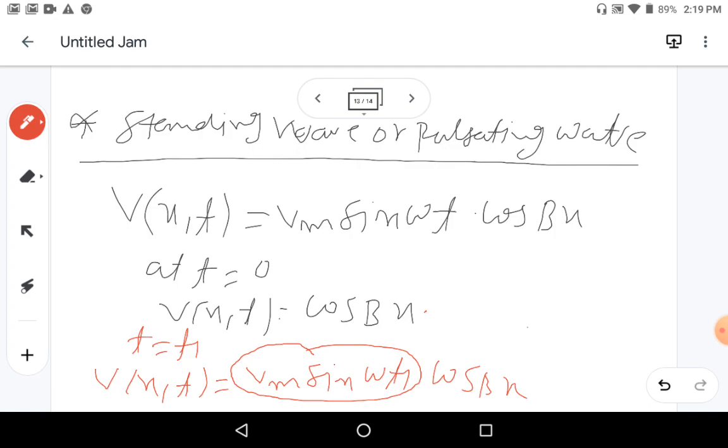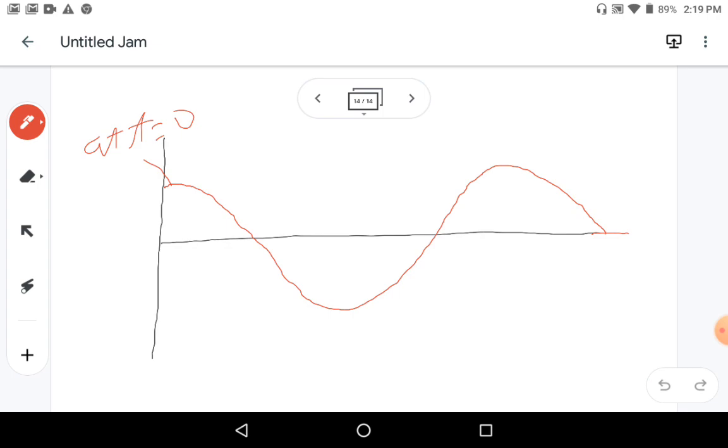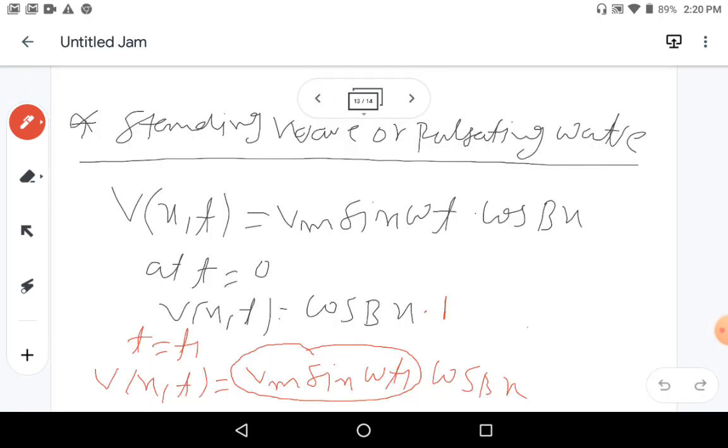The previous equation had magnitude 1, in this case Vm sine omega t1. So the curve at t equals t1 is like that.